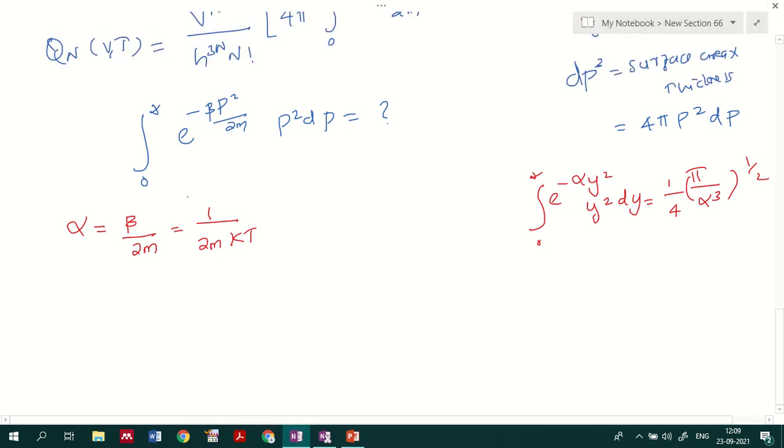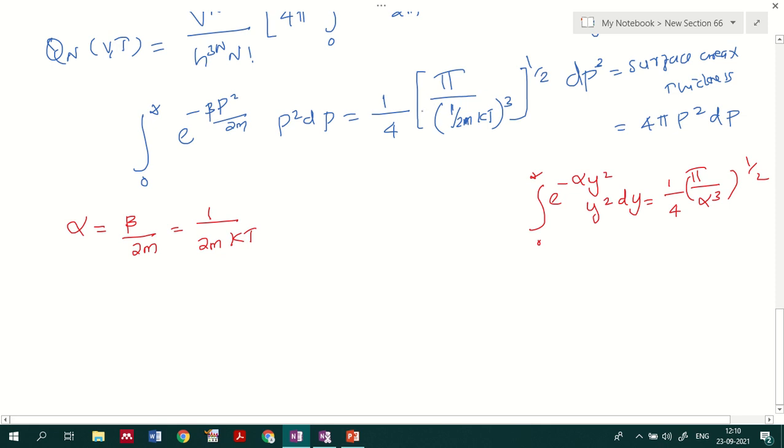Now I can represent this function by using this generalized representation. So the integral from 0 to infinity of e raised to minus beta p square by 2m, p square dp, I can write as 1 by 4 times pi by (1 by 2m kT), the whole cubed, raised to 1 by 2.